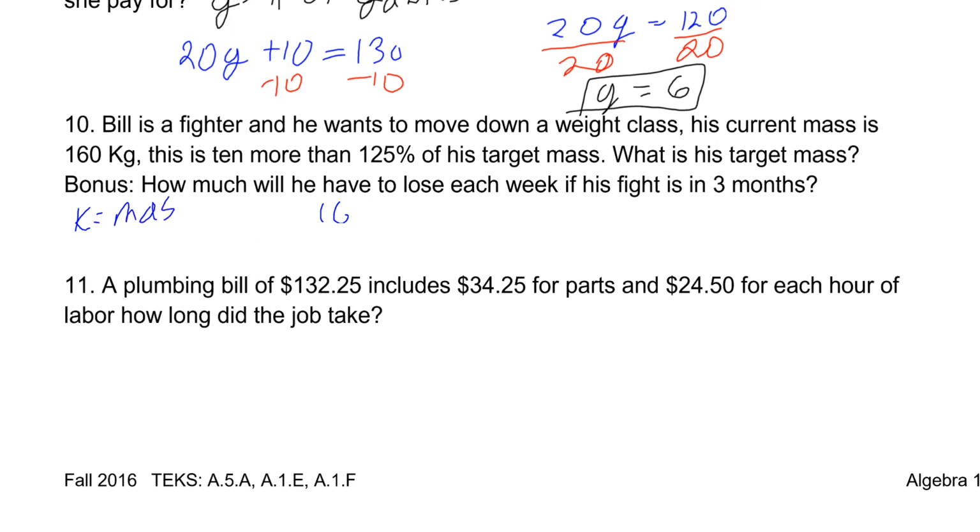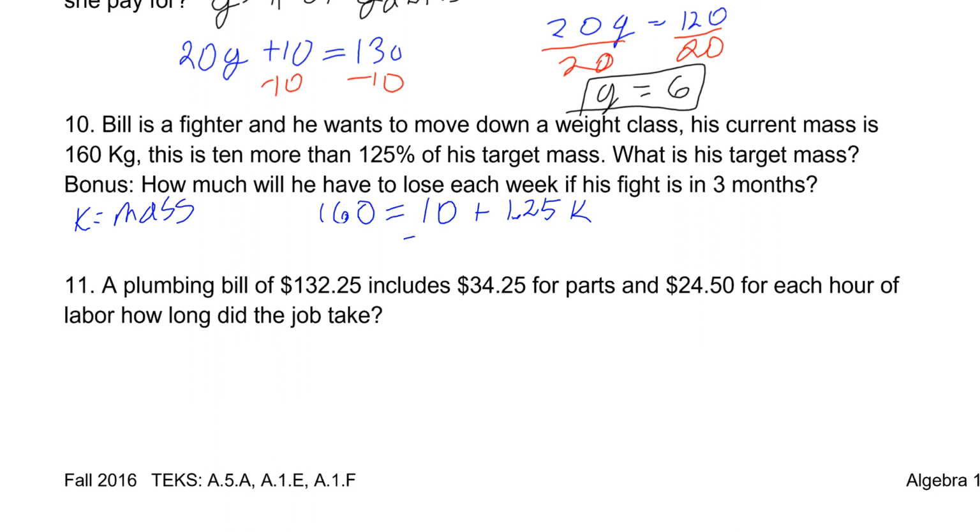We know that 160 equals 10 plus 1.25 of his target mass. First thing that we got to do is go ahead and subtract 10 from both sides. So we minus 10 from here and we minus 10 from here.